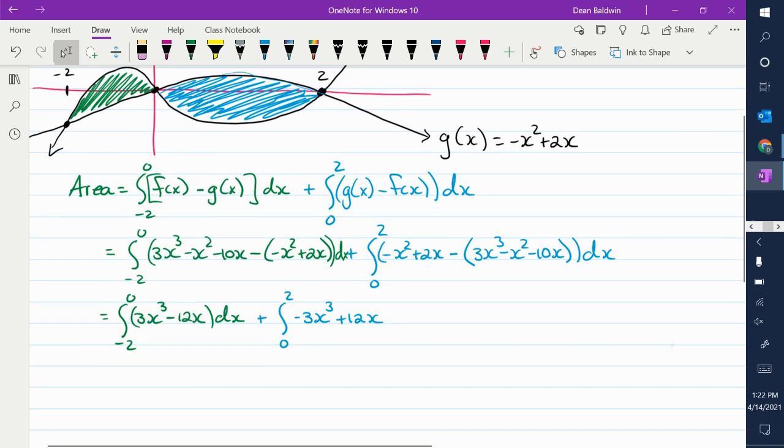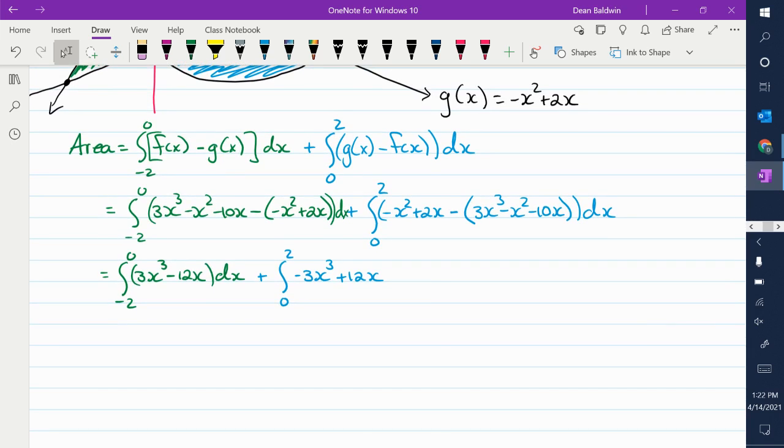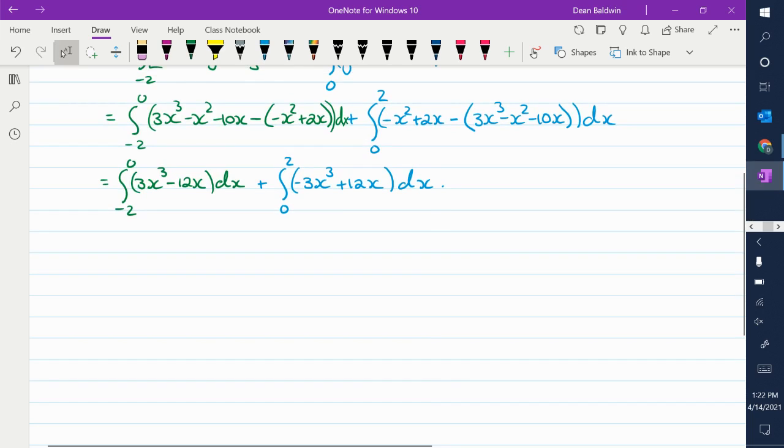All right, what do we do, peoples? What type of functions are these? Polynomials, which are the easiest to integrate, right? Because you just add one to the exponent and divide by that number. So if we're doing the green, we're going to get 3x to the fourth over 4 minus 6x squared, evaluated from -2 to 0.